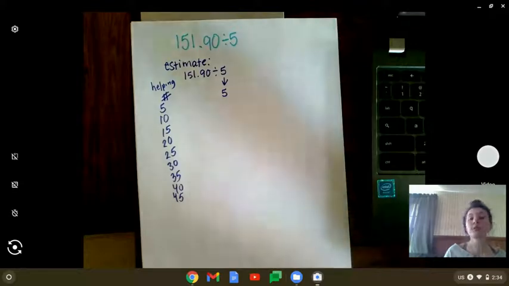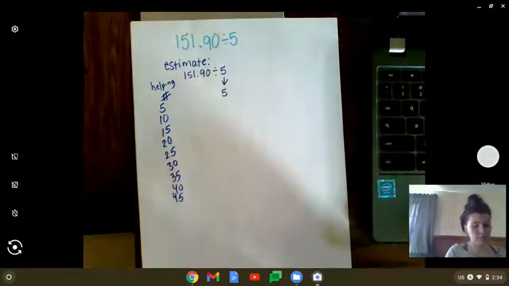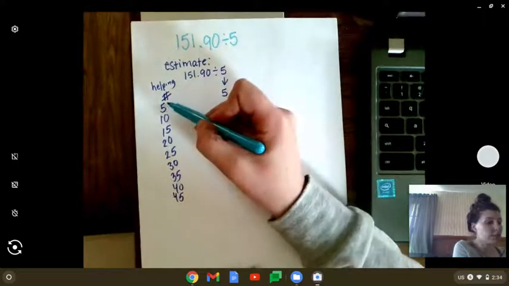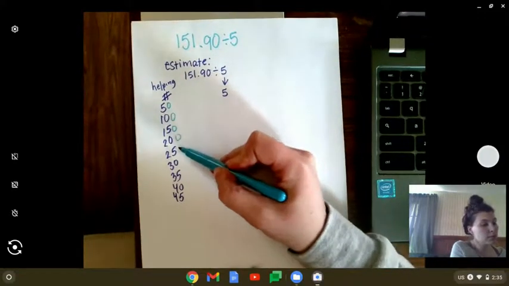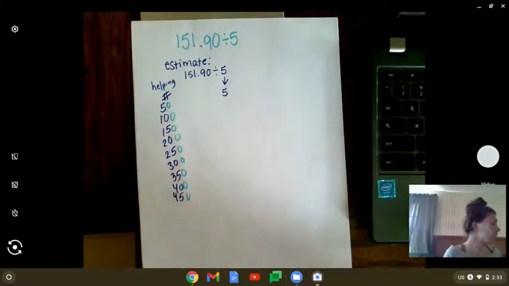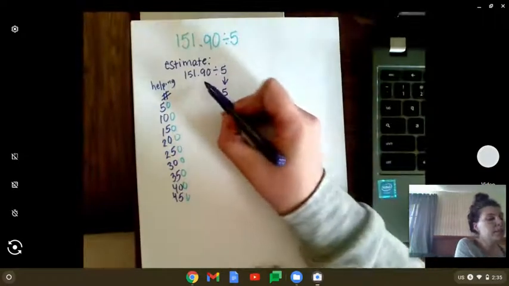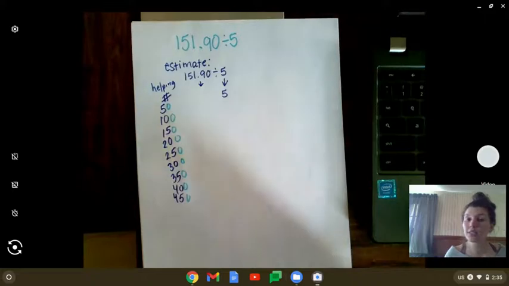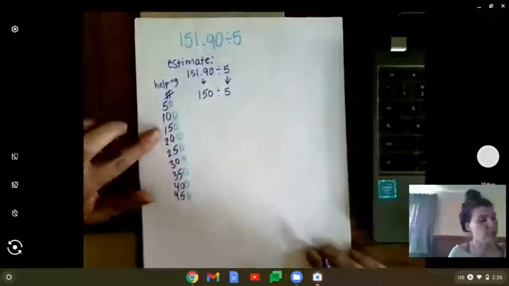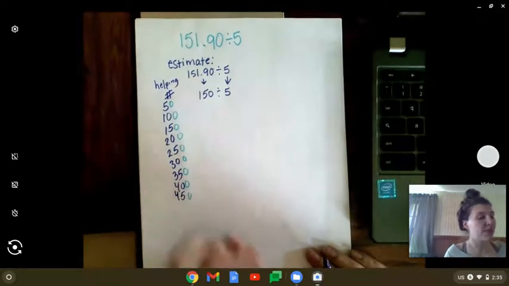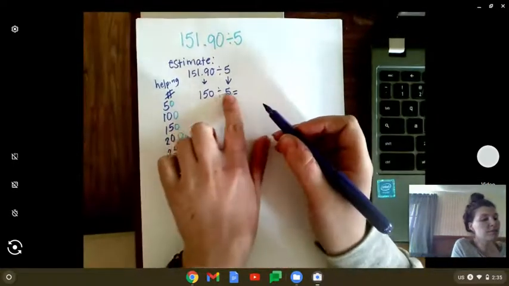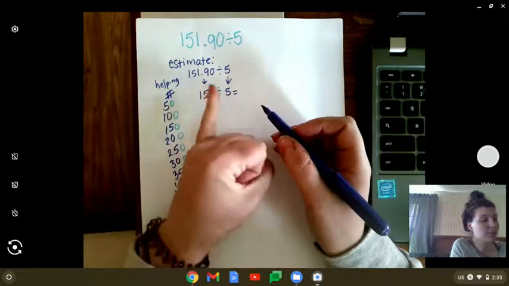So remember, the only difference between this and counting by 50 or 150 would be adding zeros. So we can always add zeros. So I'm going to take 151 and 90 hundredths, and I'm going to change it to 150 because I know 15 is divisible by 5, which means 150 is divisible by 5. 150 divided by 5, I'm going to use my zeros trick.